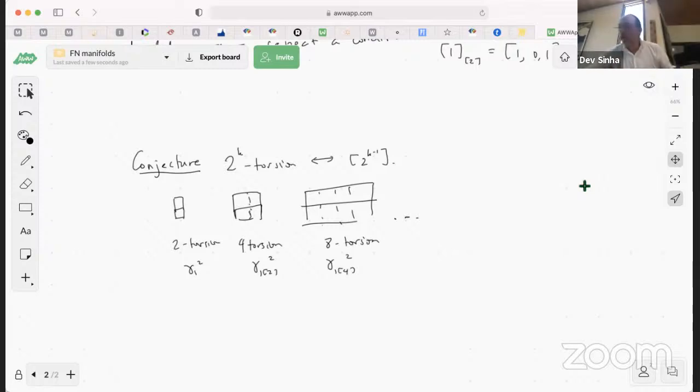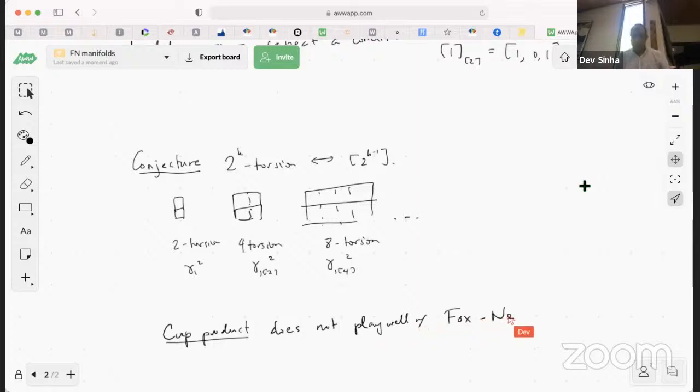Let me say a little bit more about the cut product, and I'll probably say even more in a further video or discussion. This does not play well with Fox-Neuwirth, despite the conjecture with proof sketch that Chad and I made.